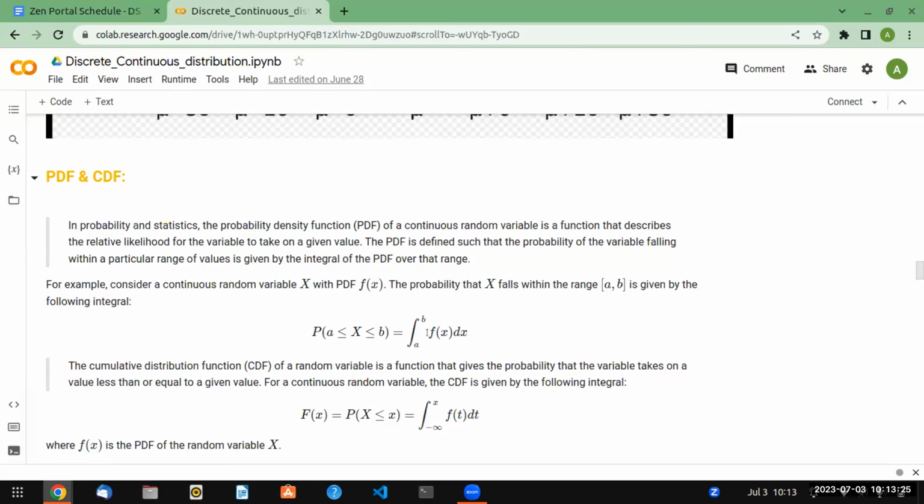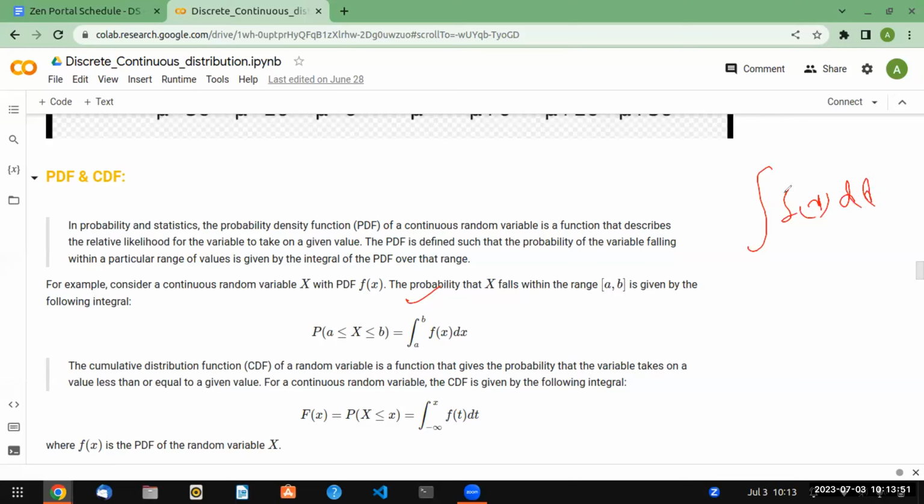And if you want to calculate the PDF in a particular range, now you have the function, right? Now this is a bit difficult, and I don't want to explain this to you. Those who are from a mathematics background know what this is. What is this f of x dx?